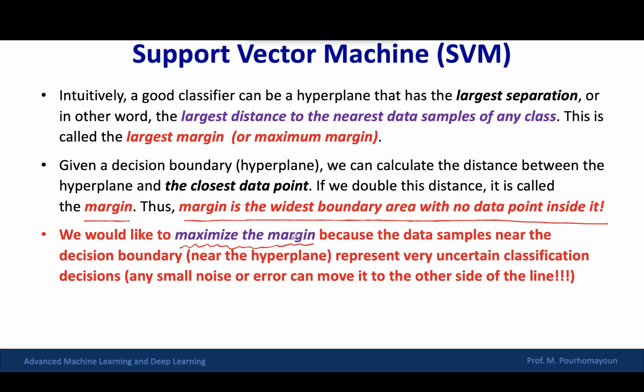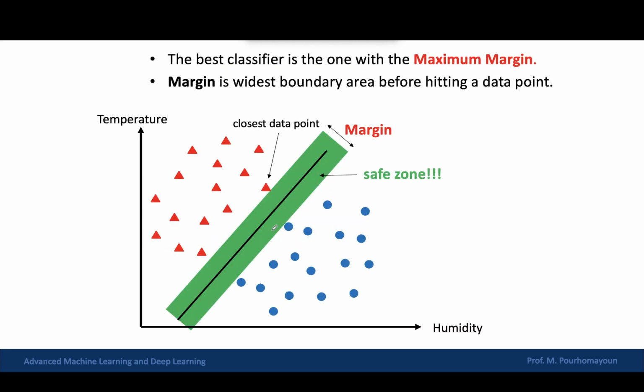This is the idea that the SVM classifier is built on, to find the classifier that gives us the widest margin. And it totally makes sense, because the data samples that are close to the margin are risky samples. They represent uncertain classification decisions. So the best classifier is the one that gives us the maximum margin.